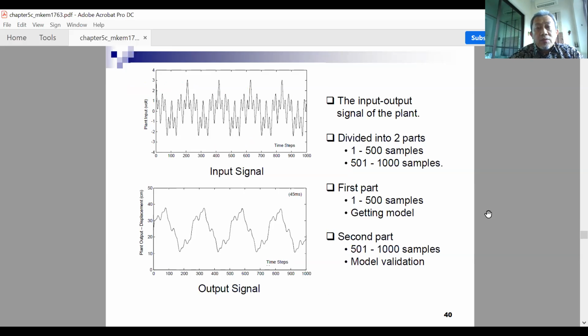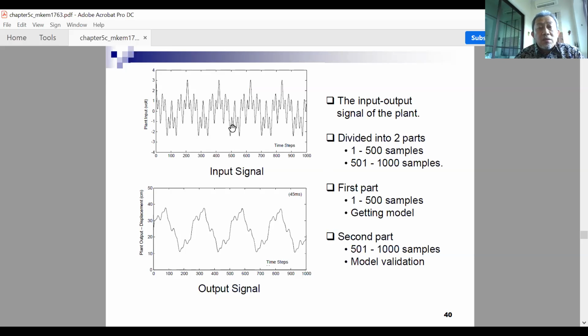Okay, so for model A, as usual, kita pakai system ID toolbox. We have about 1,000 samples. The first 500 for estimation. The remaining 500 is for the validations, okay, as shown here. The input and output ditunjukkan di sini.